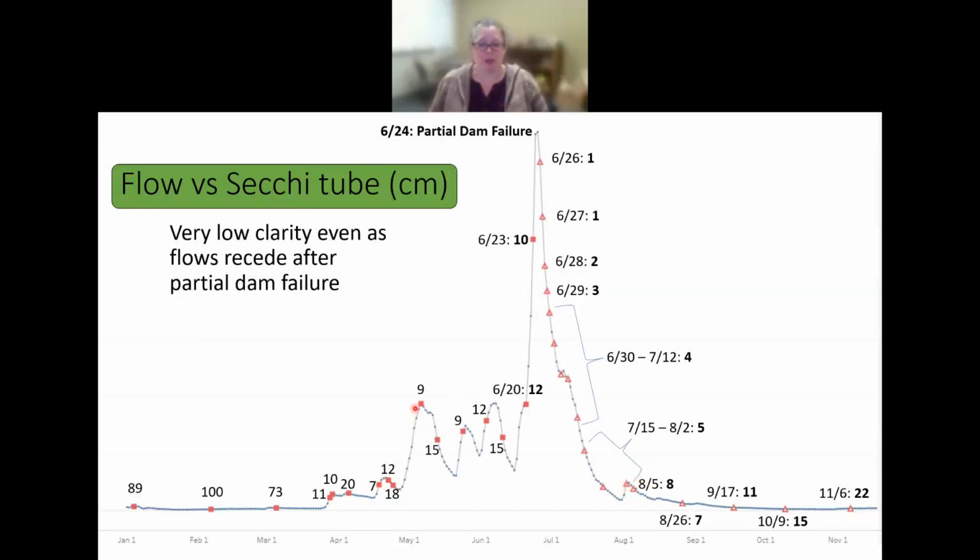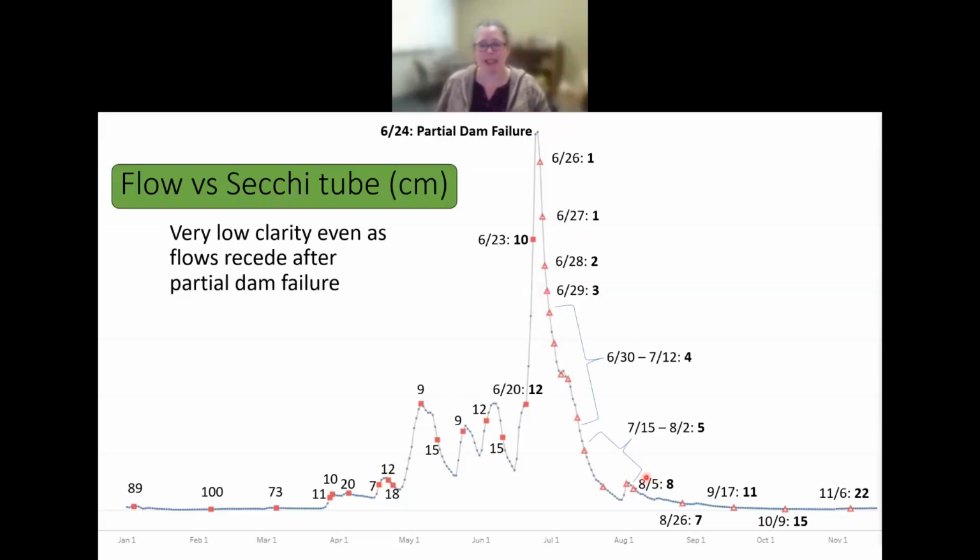You can see that generally, we might have a decreased clarity in the stream, but it usually will get back up to 15 in the summer. In the wintertime, we're even approaching plus 100 Secchi tube measurements. So this stream should be clearing up more than this.